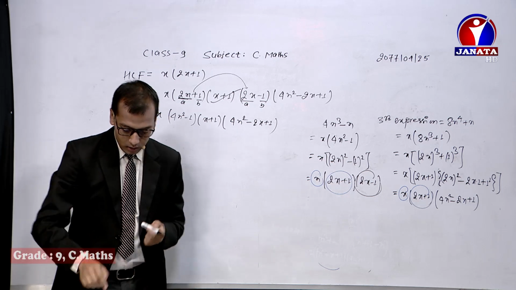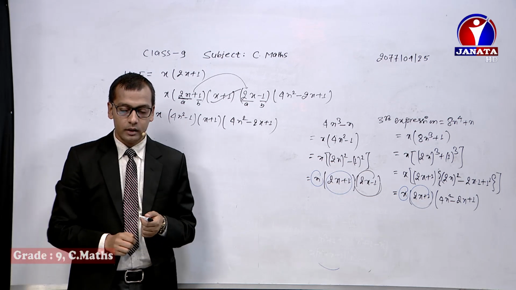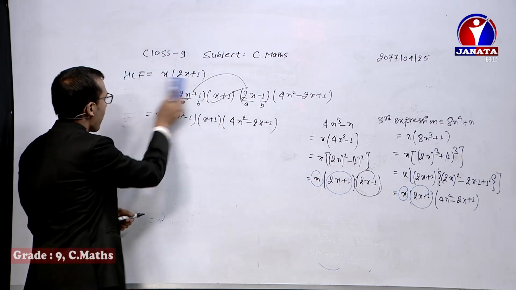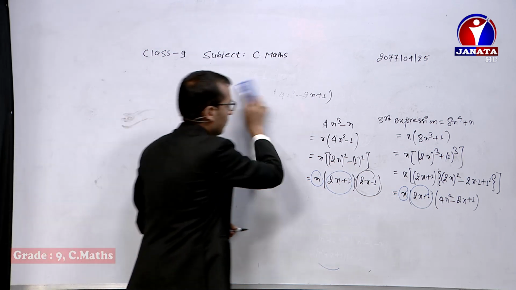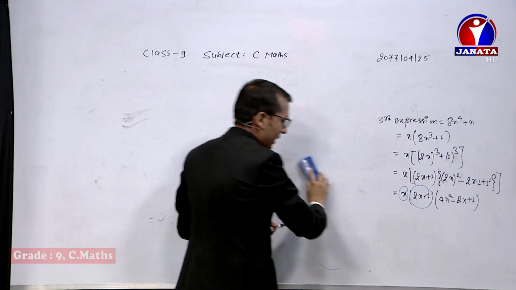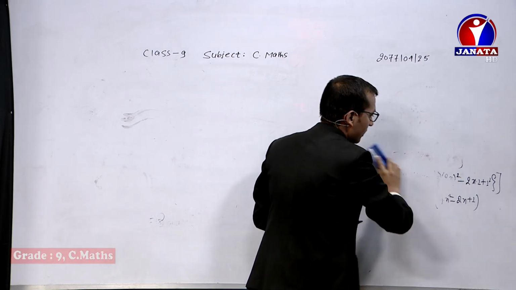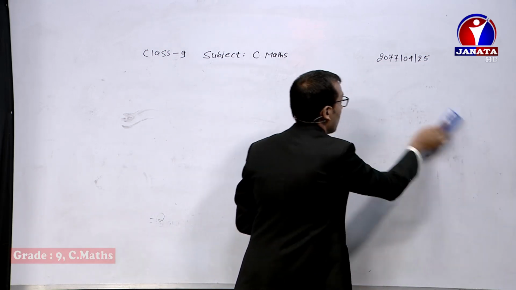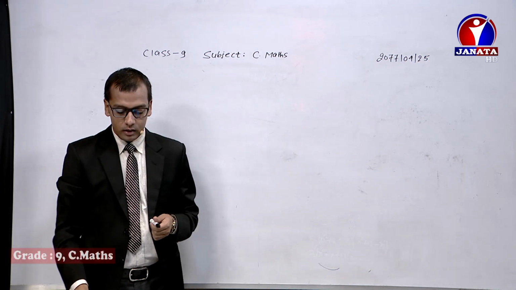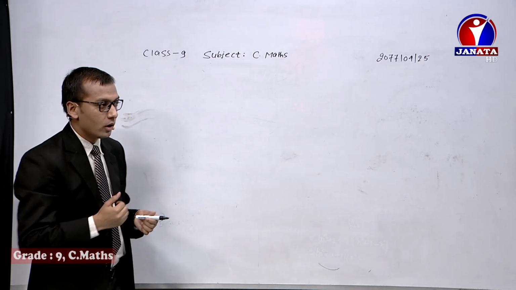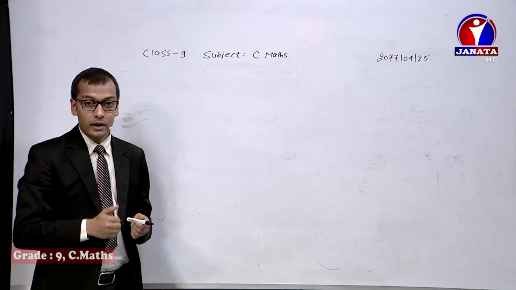Now let me take one more example here. We are discussing HCF and LCM. So in every question we are practicing how to find HCF and LCM of different algebraic expressions.